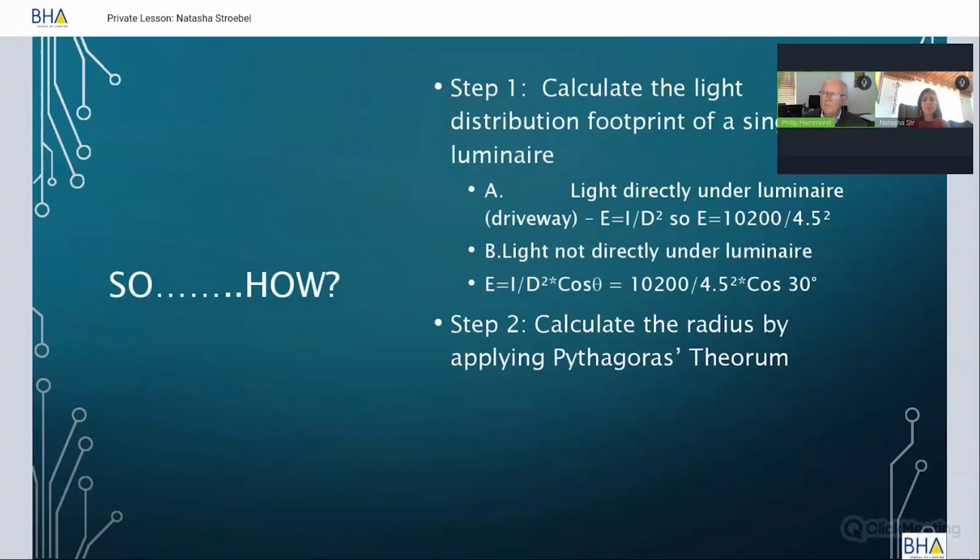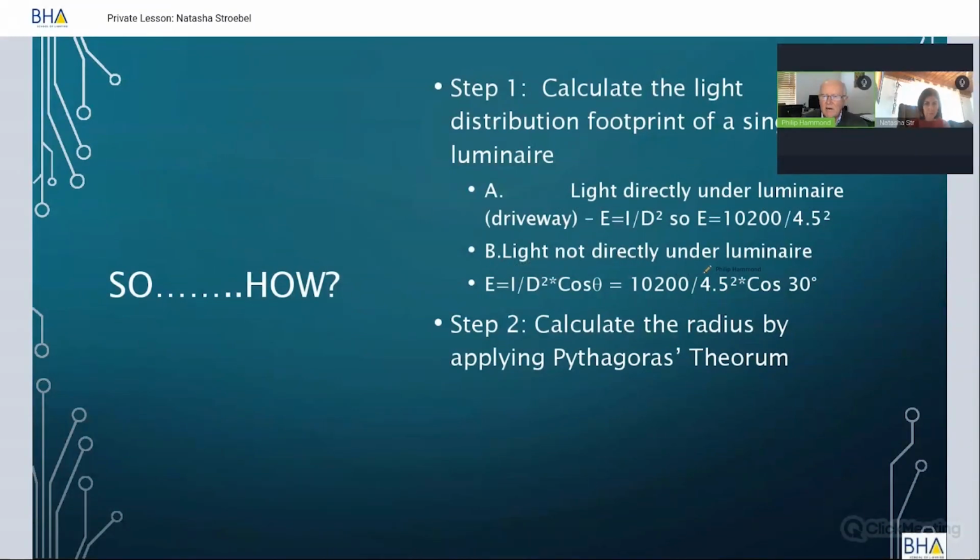You get the data sheet for the luminaire, and you'll see it produces 10,200 lumens. So E is equal to 10,200 divided by 4.5 squared. So it's 4.5 times 4.5. Okay.